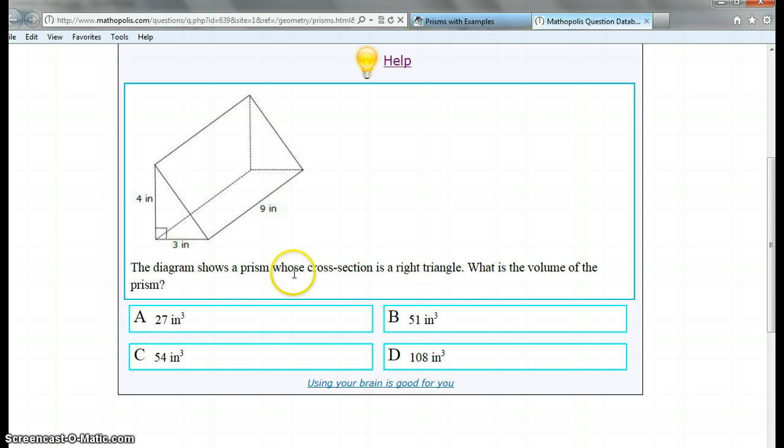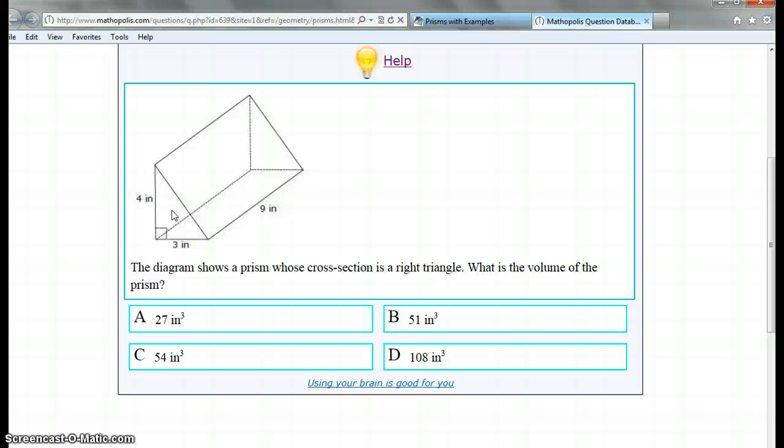The diagram shows a prism whose cross-section is a right angle triangle. What is the volume of the prism? So what's the area of that triangle? 3 fours are 12 if it was a rectangle, but it's a triangle, so it's 6, yeah. So we've got 6 inches squared as the area of the triangle.